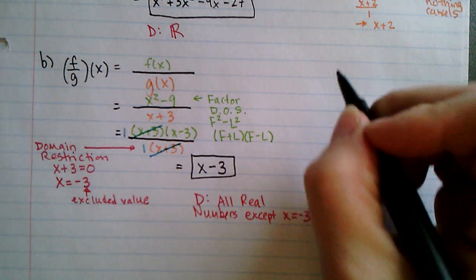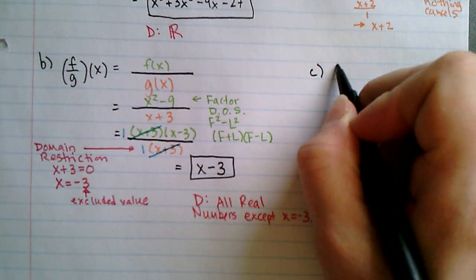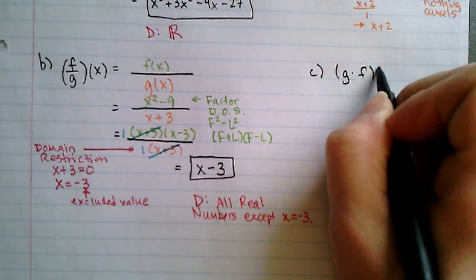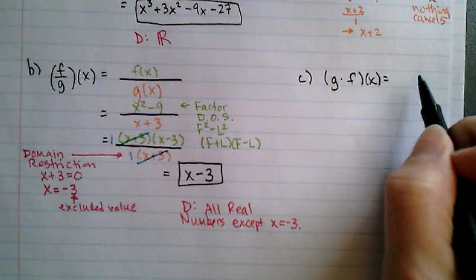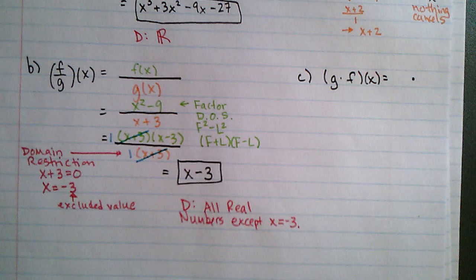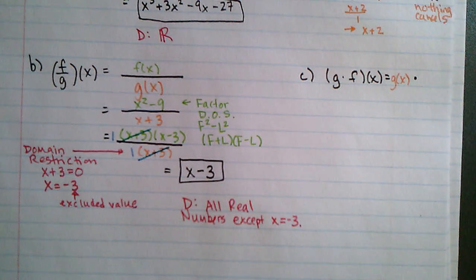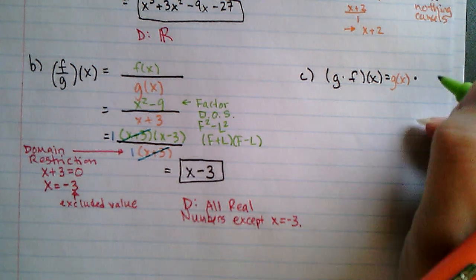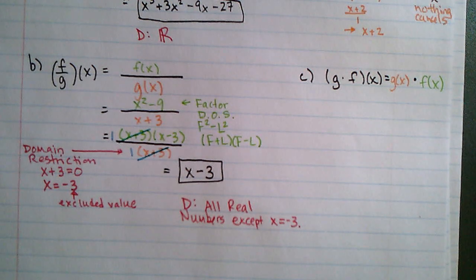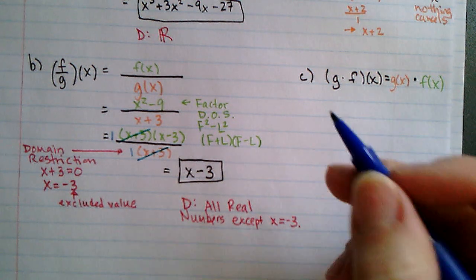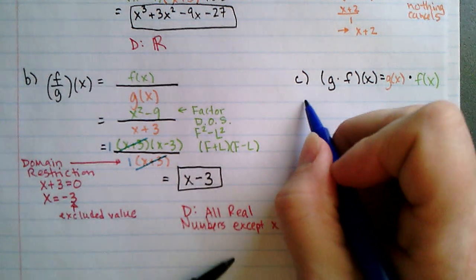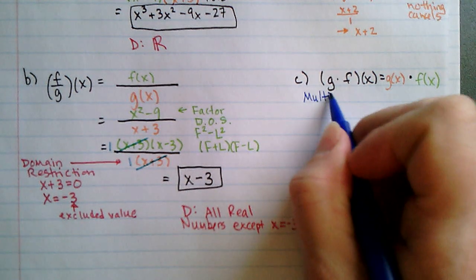Okay, C. In C, we're going to do g times f of x, which would mean that I'm going to take g of x and multiply it by f of x. Now, when we worked with addition and subtraction, we remembered that addition is commutative. Well, guess what?